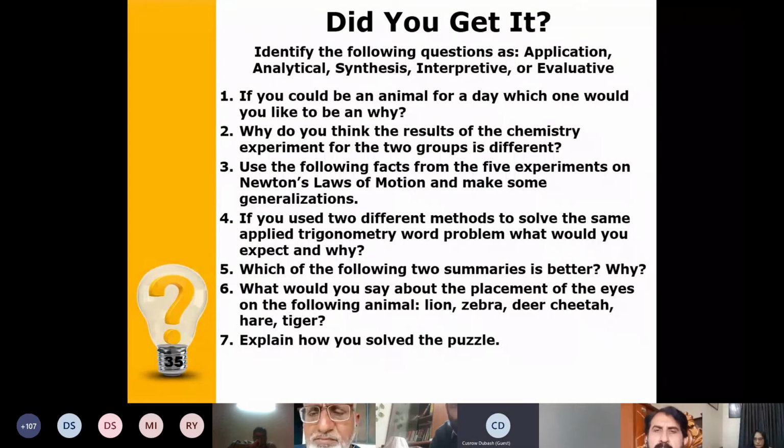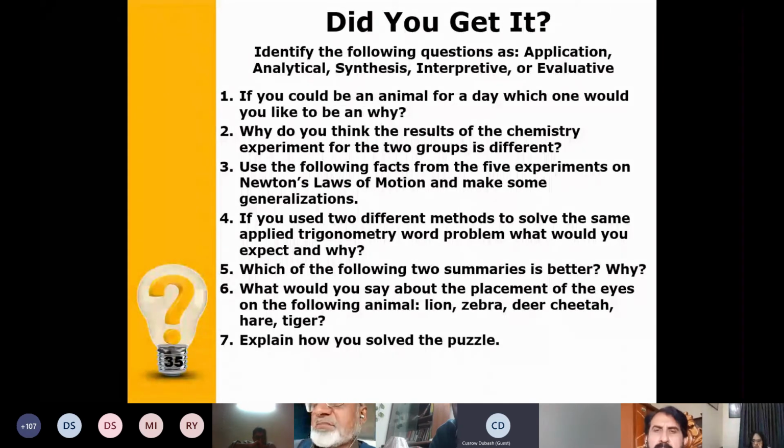If you used 2 different methods to solve the same applied trigonometry word problem, what would you expect and why? The problem is the same, it's trigonometry, you're solving with 2 different methods, what do you expect and why? 5. Which of the following 2 summaries is better? Why? You present 2 summaries of a story or poem, the children read and tell you which summary is better and why.